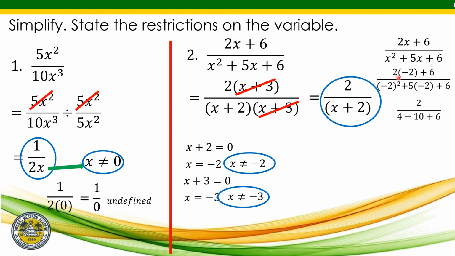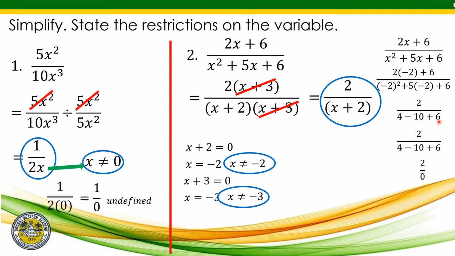Okay? So, simplify yung nasa loob ng parenthesis. So, 2 times negative 2 is negative 4 plus 6. Subtract natin, positive 2. Bakit siya positive 2? Kasi, mas malaki yung value ng positive 6. Okay? Over, negative 2 square is positive 4. Positive times negative, negative. 5 times 2 is 10 plus 6.